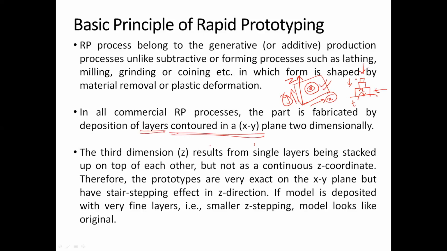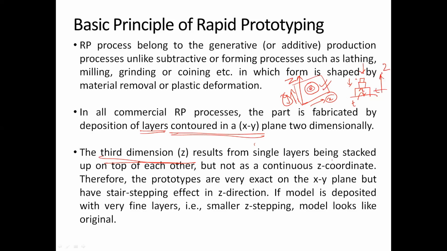So the xy plane is going to give me a contour of the geometry that is going to be fabricated, and the third dimension, the z dimension, is going to give me the stacking of layers. So this axis is the z axis and it is giving me the stacking of the layers.